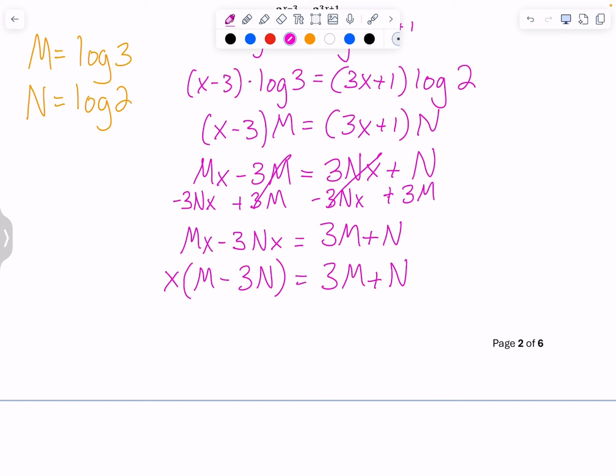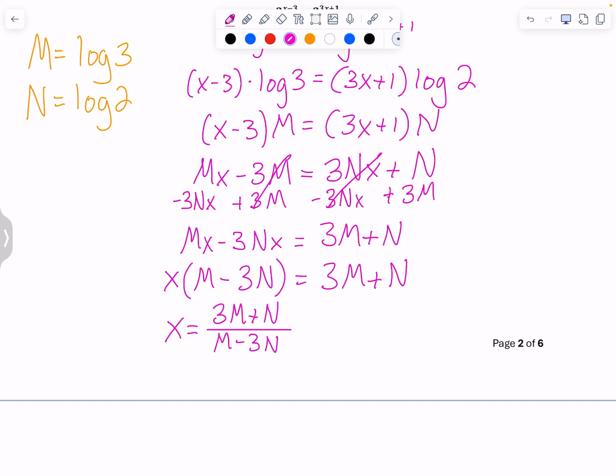How do you solve for x? Divide the... Absolutely perfect. Yeah. 3m plus n over m minus 3n. But our problem to begin with didn't have m and n's.